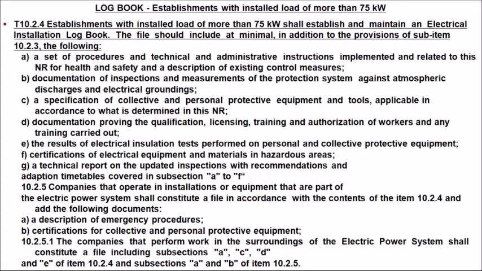B. Certification for collective and personal protective equipment. 10.2.5.1: The companies that perform work in the surroundings of the electric power system shall constitute a file including subsections A, C, D, and E of item 10.2.4 and subsections A and B of item 10.2.5. In short, the logbook is a complex documentation which is under continuous update.